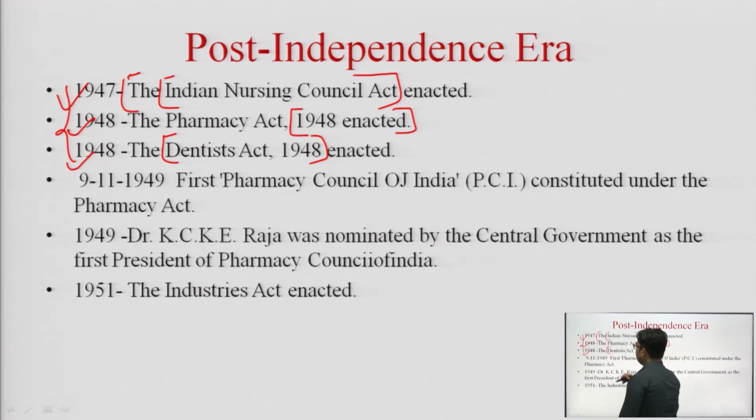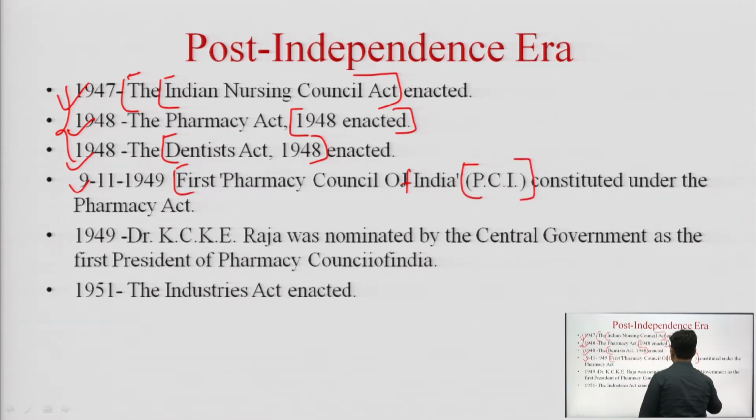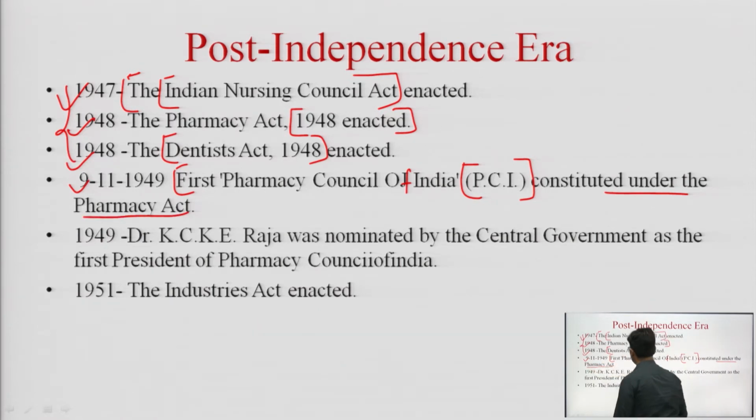In 1949, especially on 9/11/1949, the first Pharmacy Council of India (PCI) was constituted under the Pharmacy Act. Okay, the Pharmacy Act, which was made earlier, under it the PCI, Pharmacy Council of India, was formed for the first time in 1949.